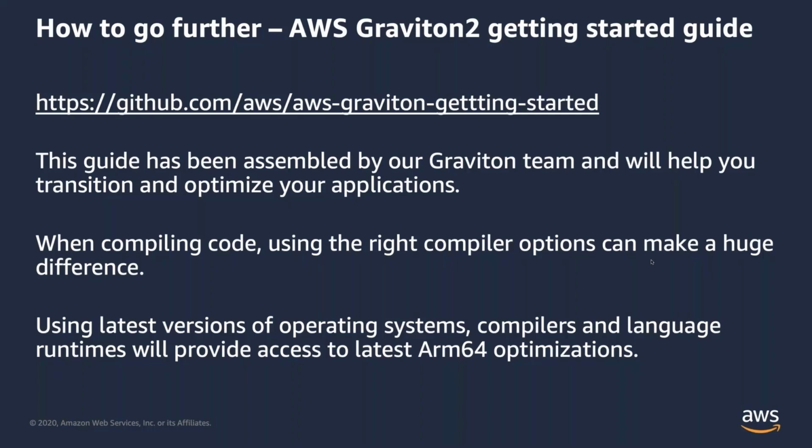Those compiler options can make a huge difference in terms of performance, so don't hesitate to test and check the results. Also, using the latest version of operating systems is going to help. There have been recent patches applied to the Linux kernel that help with performance on the Neoverse N1 architecture. So I really invite you to test with the latest generations.